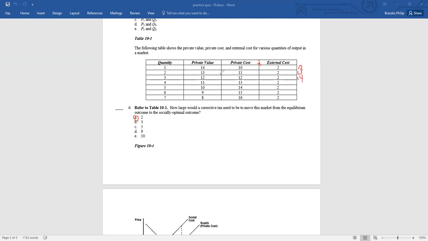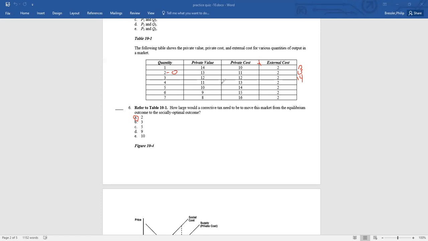All right, so I'm going to take the demand curve, which is the private value at 13, equals the marginal social cost, which is 13. So quantity 2 would be socially optimal. I'll put it over there for socially optimal. All right. And what I'm just getting is 13 equals 13.